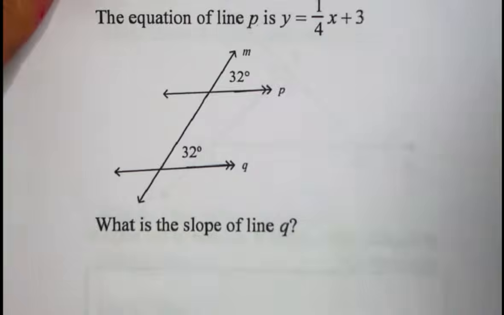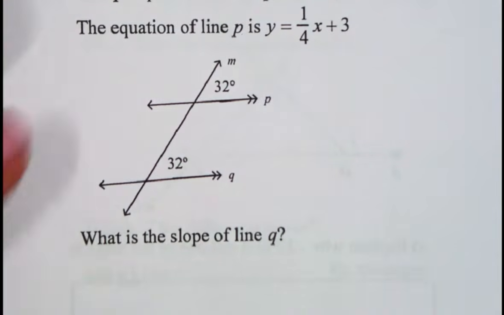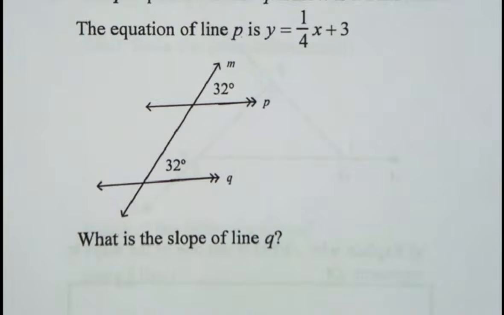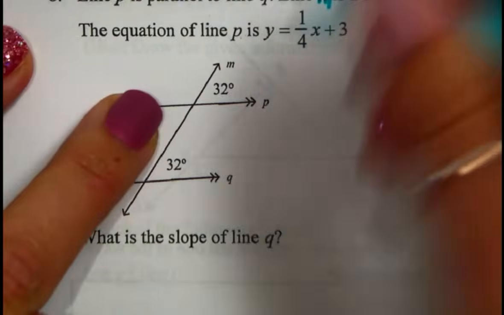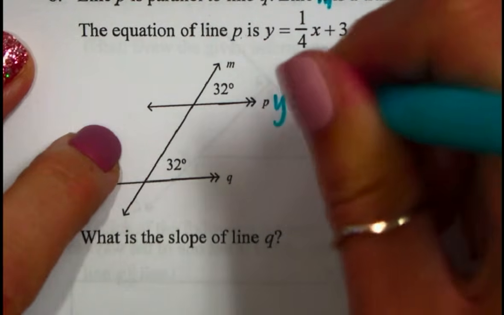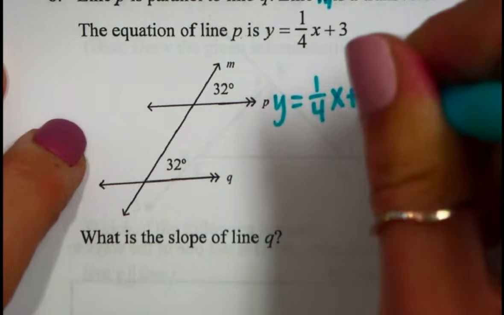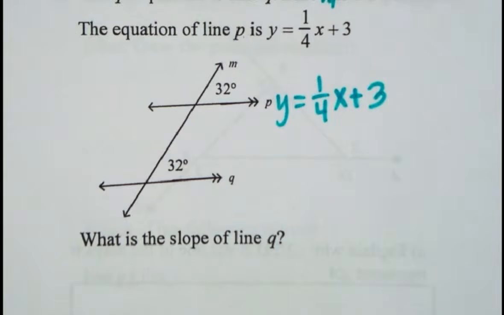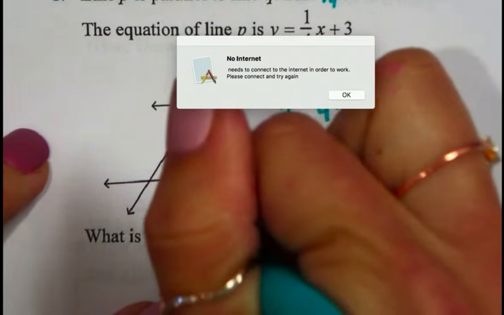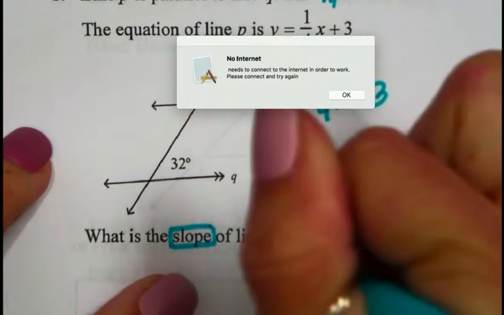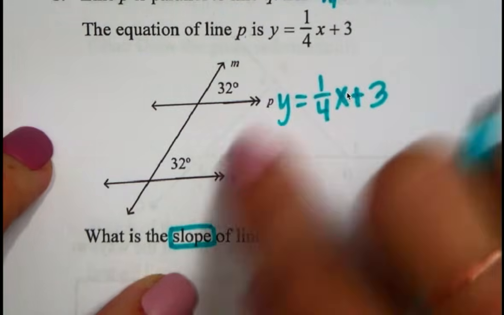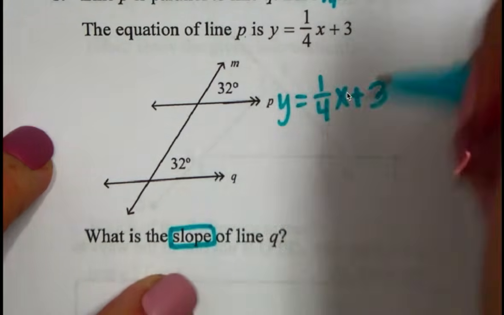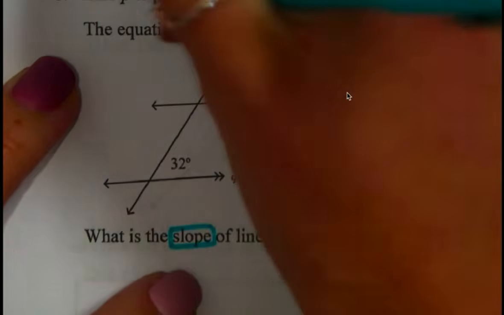Okay, so for number 8, they're telling us that line P is parallel to line Q. Line N is the transversal, probably meant line M is the transversal. The equation of line P is y equals 1/4 x plus 3. So I'm just writing that equation right here next to P. So we want to know what the slope is for line Q. Since P and Q are parallel, they're going to have the same slope.